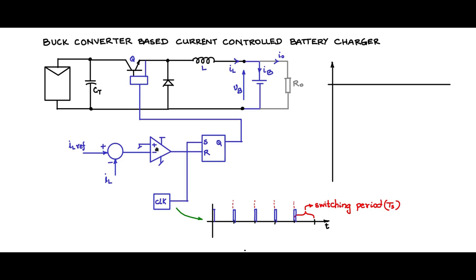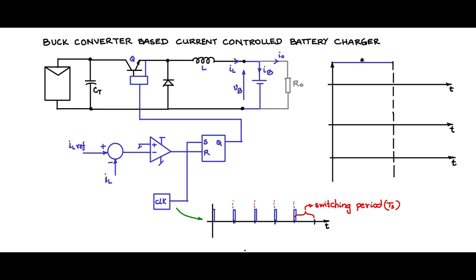So I will draw the various axes, time axis basically, and I will divide this into two portions. This is the first cycle Ts, and this is the later cycle.